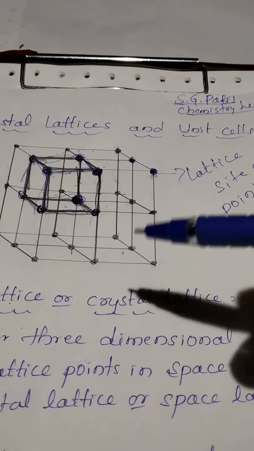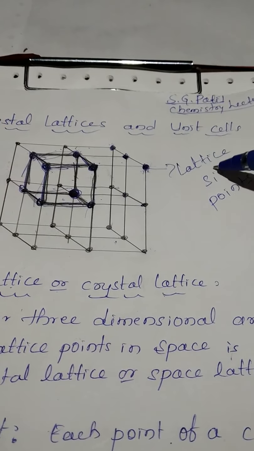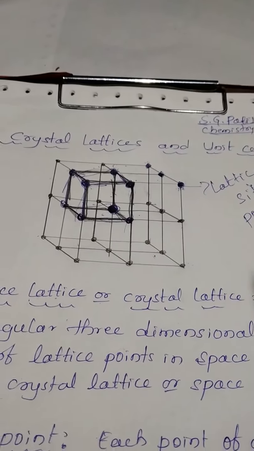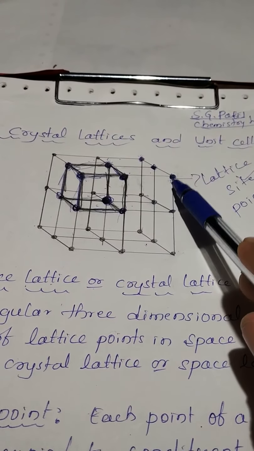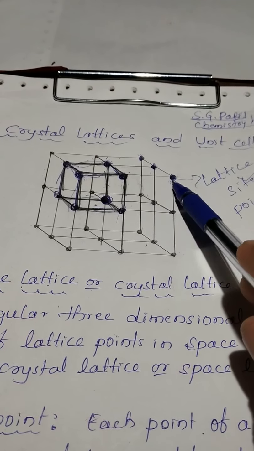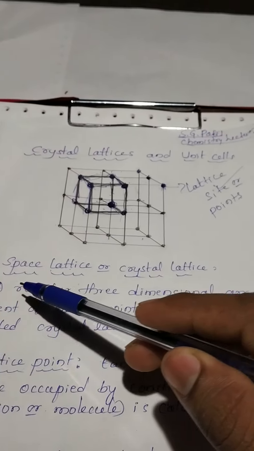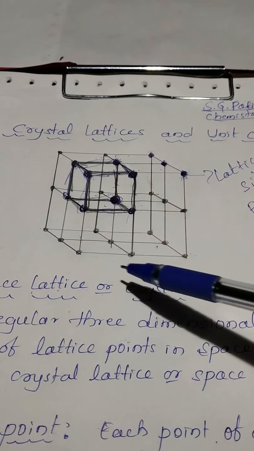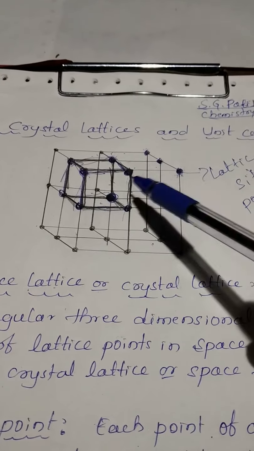A point occupied by constituent particles is called a lattice site or lattice point. And once again, the space lattice or crystal lattice is a regular 3-dimensional arrangement of lattice points in a space.